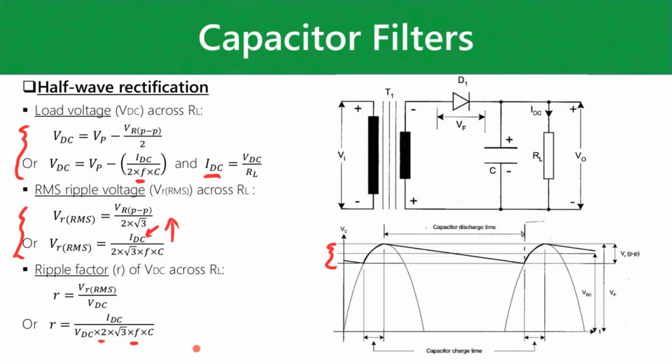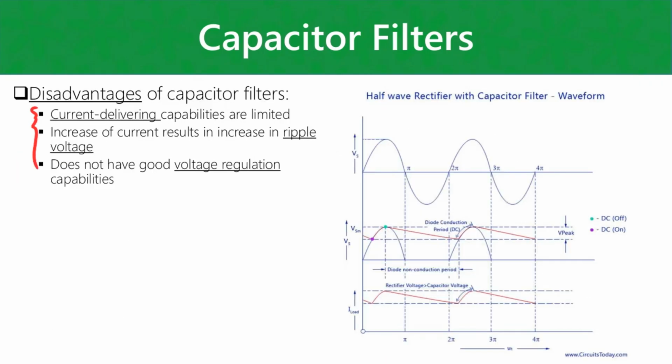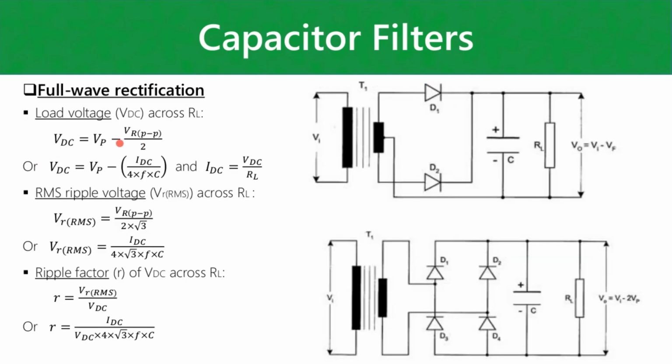This gets worse at higher current, and your average voltage is going to go lower. That also means your capacitor filter doesn't have very good voltage regulation, because an increase in load current gives a significant decrease in average voltage.